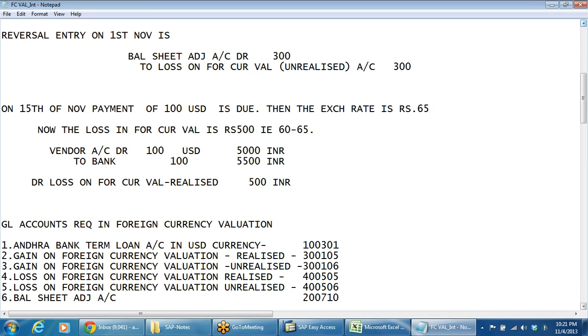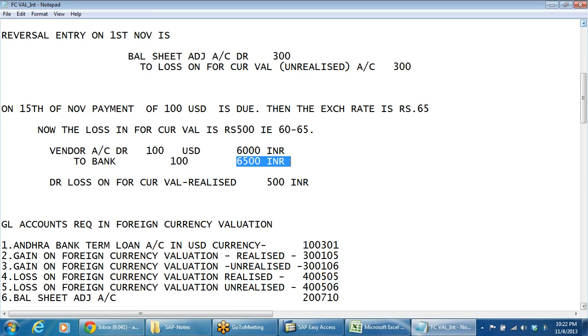So vendor account debtor 100 USD to bank account 100. At the time of making payment, in USD I'll be taking only USD, but at the time of paying I'll be using, here it should be 6,500, and there are two things here: vendor account debtor to bank account, because my outgoing amount from the bank is 6,500, not 6,000.